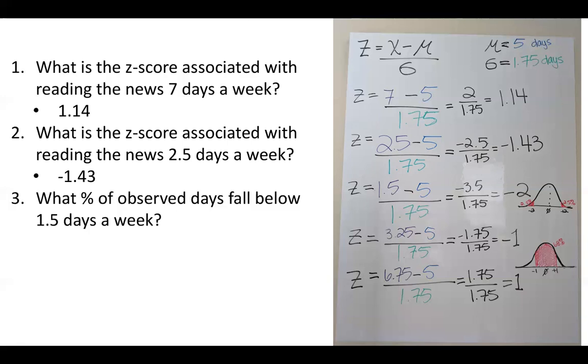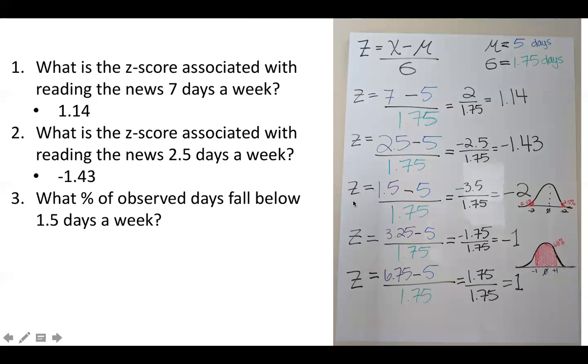Next question. What percentage of observed days fall below reading the news 1.5 days a week? So in order to solve this question, the first thing we'll need to do is calculate the z-score associated with reading the news 1.5 days a week. So that's what I'm doing on this line right here.